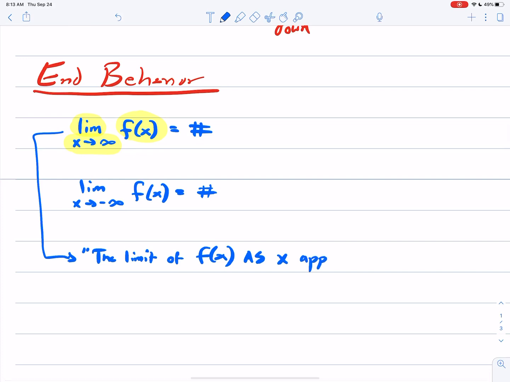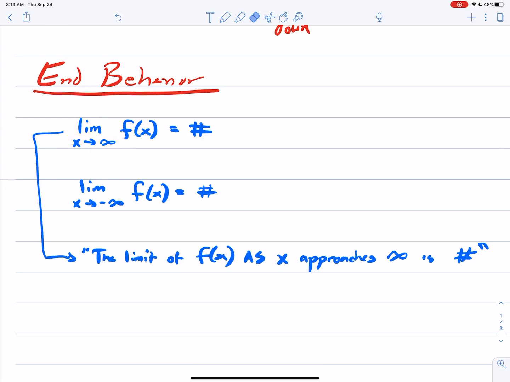Once again, it's the limit of f of x as x, that arrow is approaches, so as x approaches infinity is some number. Practice that a few times to yourself and then press play when you're ready. It's the limit of f of x as x approaches infinity is yada yada.